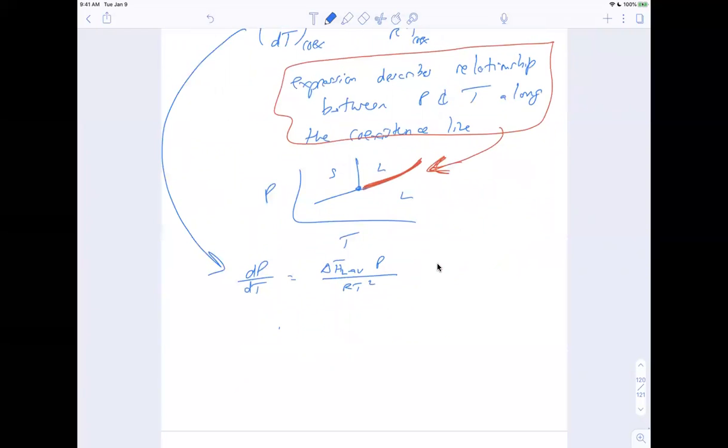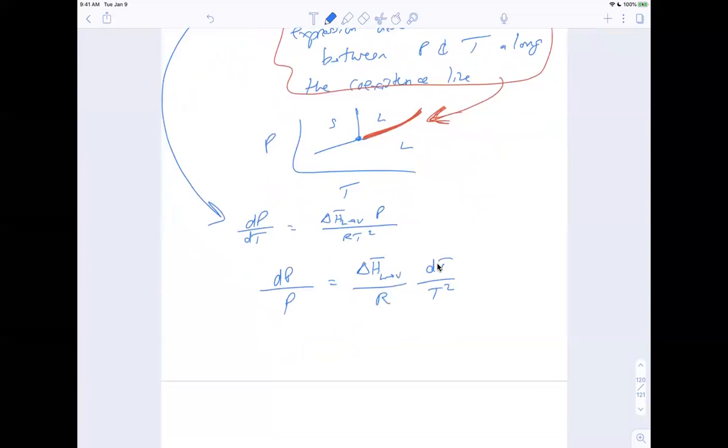And then we can do a little bit more massaging. dP over P is equal to delta H bar liquid vapor over R dT over T squared. And there you have it. We have an expression here that has pressure on one side and delta H liquid vapor transition on the other side and temperature on the other side.